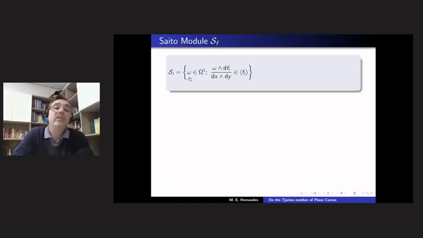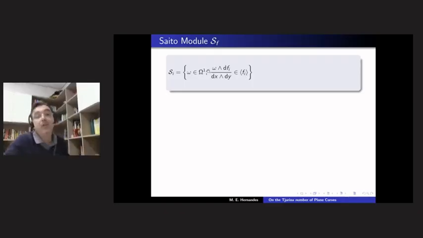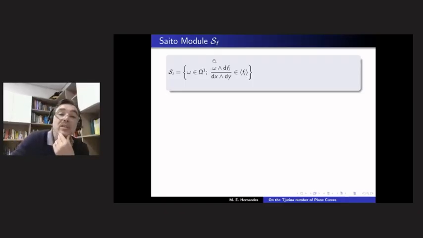So let's consider the differential one-forms such that the wedge product with the differential of f_i belongs to the ideal generated by f_i. It's the same as saying the element in the Jacobian ideal belongs to f_i. This is called the Saito module associated to the branch f_i.